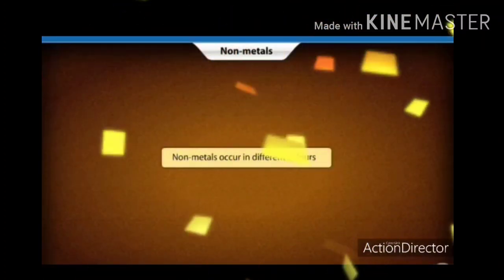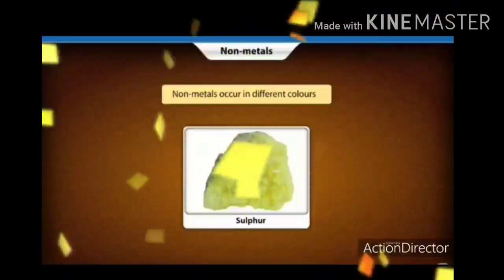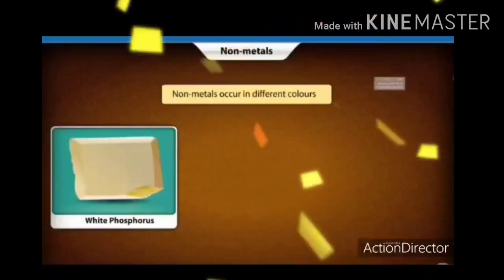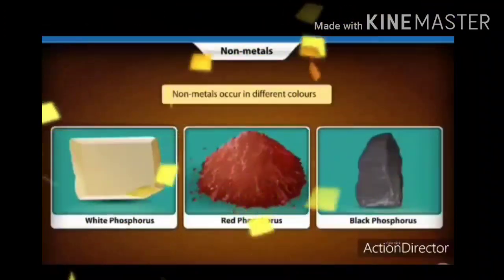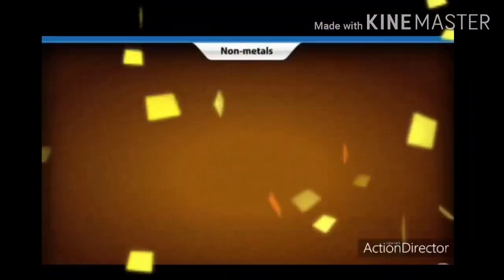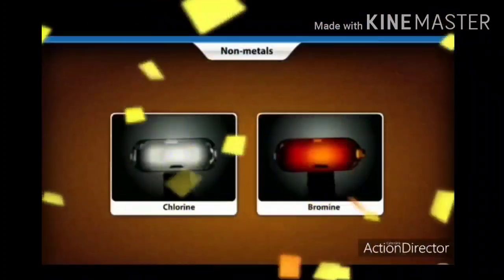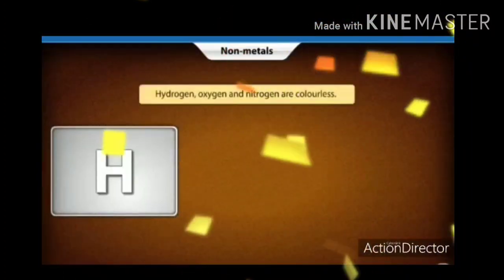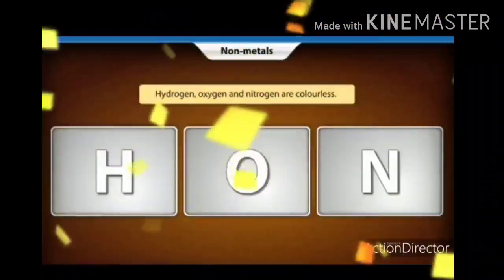Non-metals occur in different colors. Sulfur is yellow in color, whereas phosphorus occurs in white, red and black colors. Chlorine is a greenish yellow gas and bromine is a reddish brown gas. Hydrogen, oxygen, nitrogen are colorless gases.